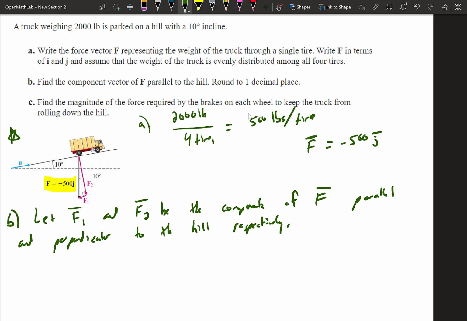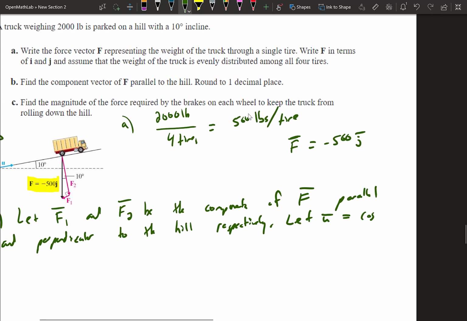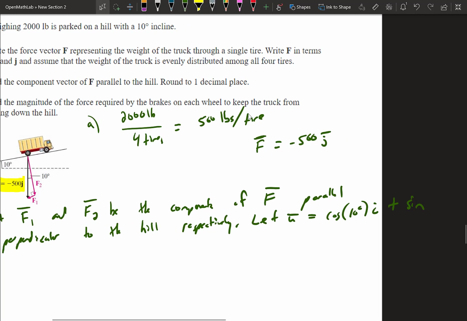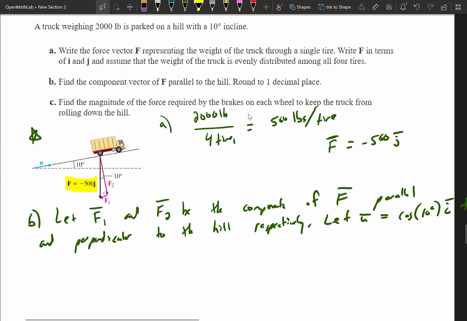And then we'll say let vector u equal cosine of 10 degrees times i plus sine of 10 degrees times j, the unit vector in the direction up the hill.